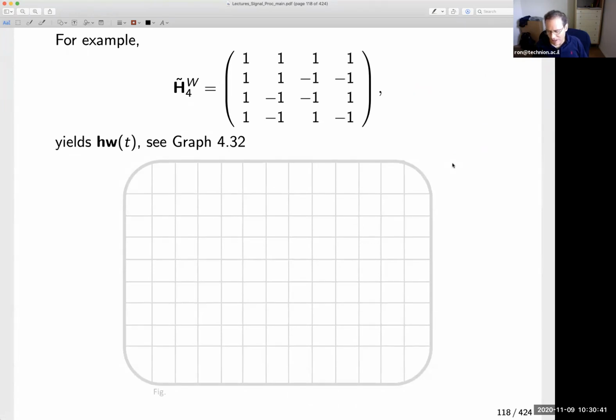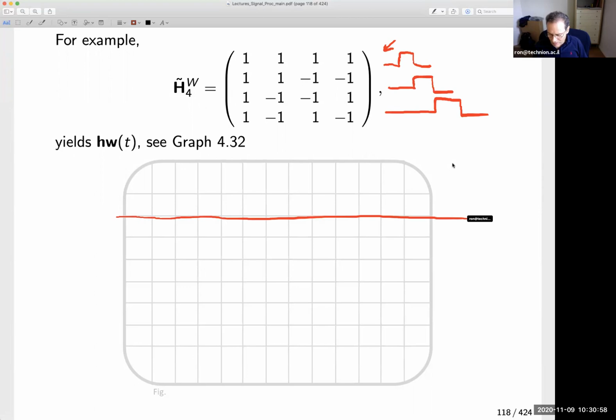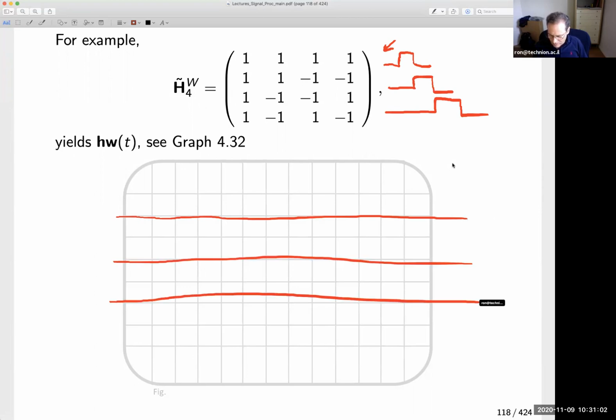So after the break, what we'll see, let's do it one bit before the break. This is my Walsh-Hadamard, and this is how the standard basis functions look like. And this is how the Walsh-Hadamard would look like. Assume that this is my time axis, and let me plot three of them.